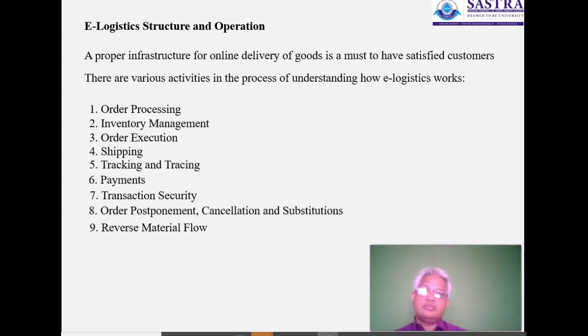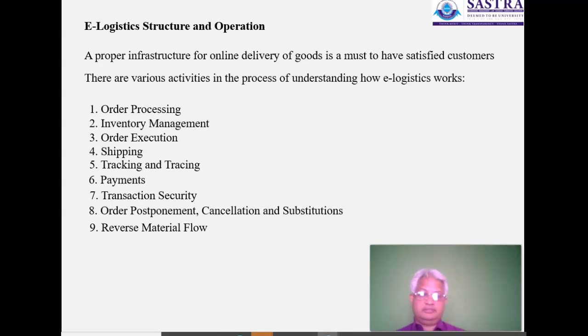A proper structure and operation, which together we call an infrastructure for online delivery of goods, is very, very essential so that customers are satisfied with timely receipt of the goods in the quantity and the quality as they had specified at the time of placing the order. There are various activities in order to achieve that satisfied customer, and this also throws an insight into how e-logistics companies work.